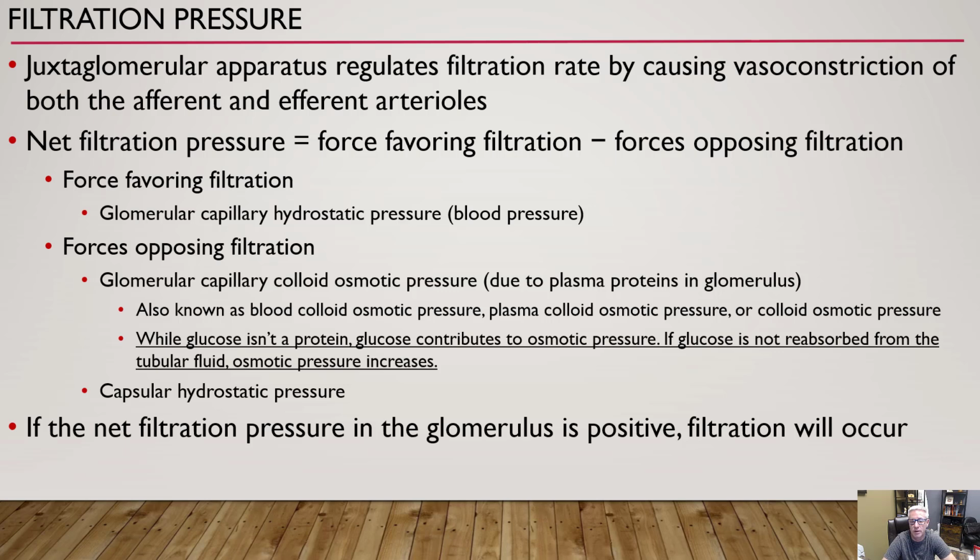Remember, anytime we hear colloid or osmotic, we need to associate that with plasma proteins. Because we're specifically talking about glomerular capillary colloid osmotic pressure, we need to think plasma proteins in the glomerulus. We can call it several different names: blood colloid osmotic pressure, plasma colloid osmotic pressure, or colloid osmotic pressure.